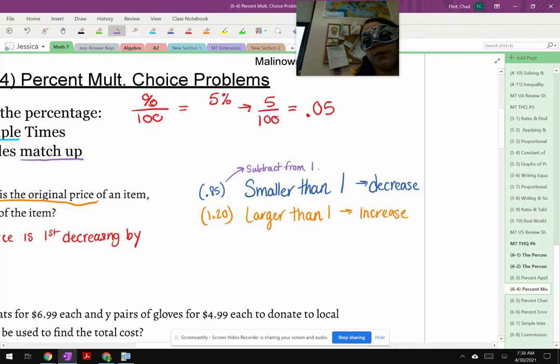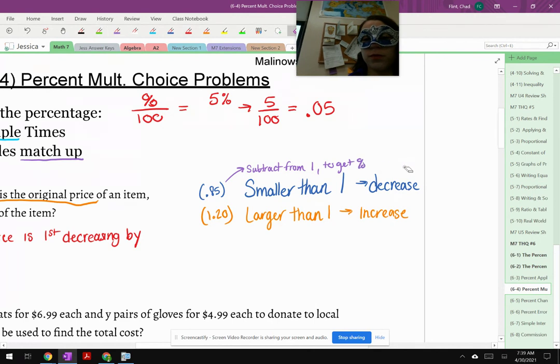Subtract from 1, in this case, because we're using the decimals. Subtract from 1, or the percent, 100, to get percent. Okay, there we go.